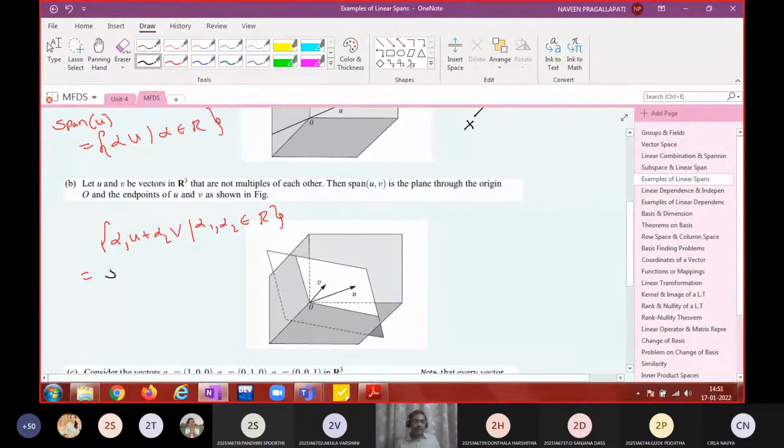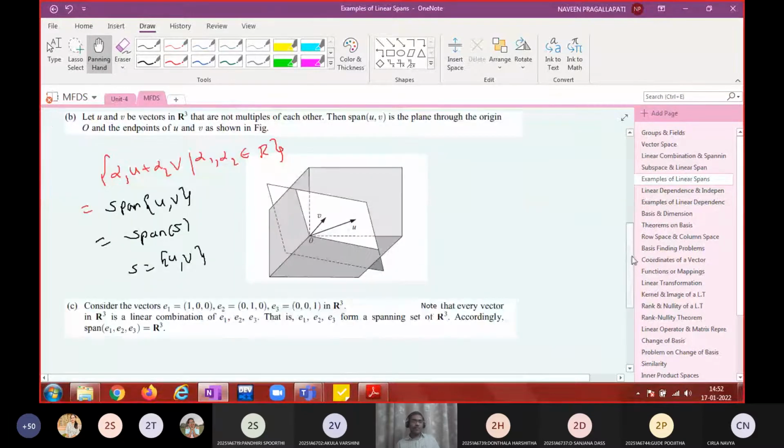Therefore we call it the span of u comma v. Or if you consider u comma v as S, you can call it the span of S, where S is equal to the set u comma v. Geometrically this represents this set. This subspace represents a plane containing the origin 0. Shall I proceed?